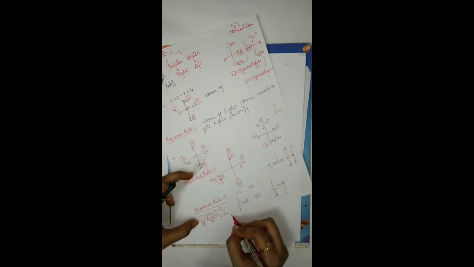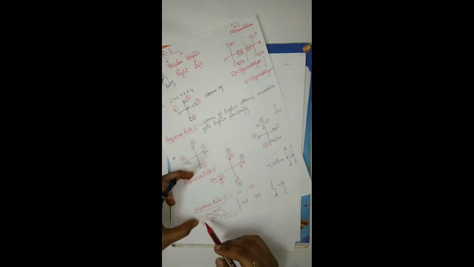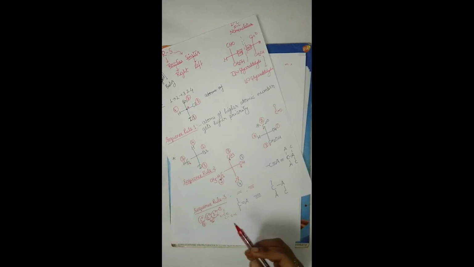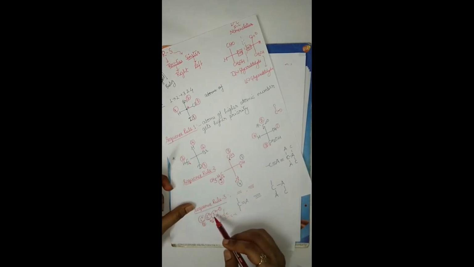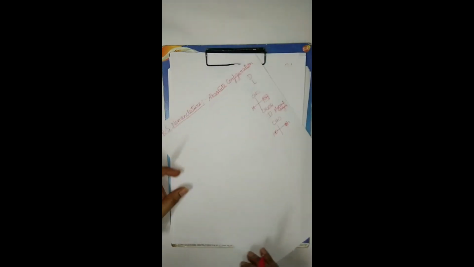Secondary means 1 carbon is connected with 2 carbon. Okay, if tertiary, secondary, primary groups are attached with the chiral center, then tertiary will get 1 number, secondary will get 2 number, and primary will get 3 number. This is the sequence rule under sequence rule 1, sequence rule 2, and sequence rule 3.